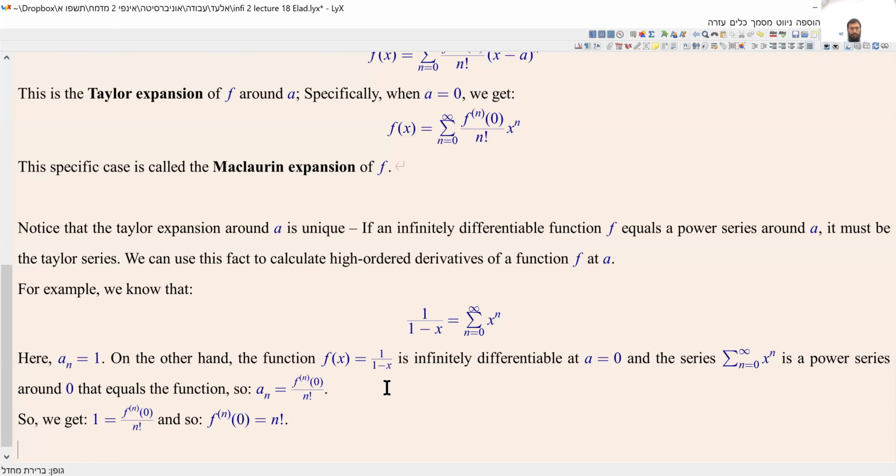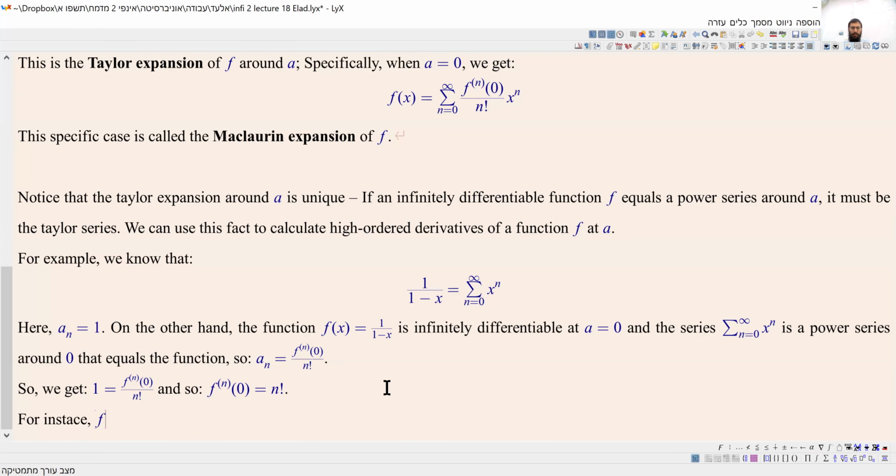For instance, the 2026th derivative of this function at 0 is 2026 factorial.